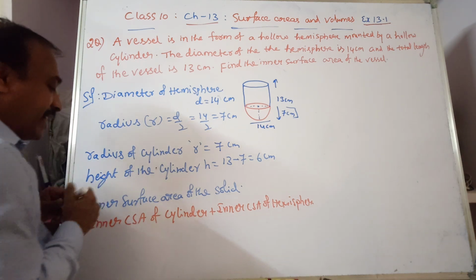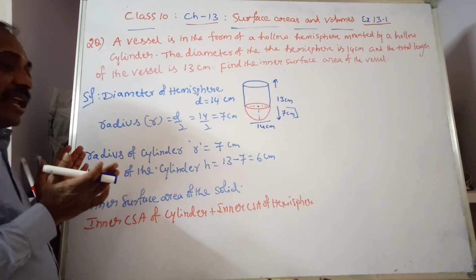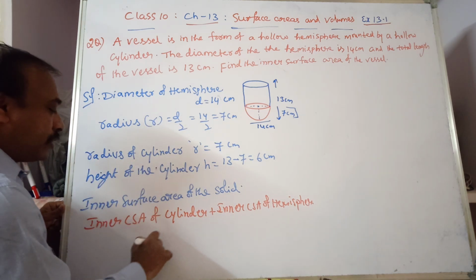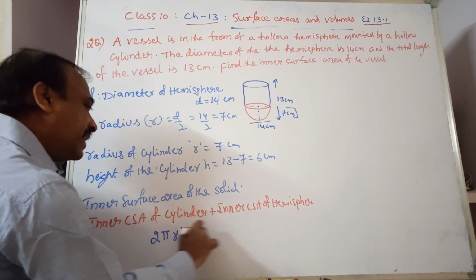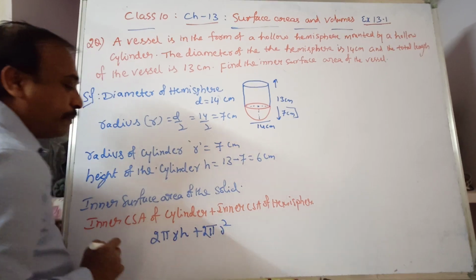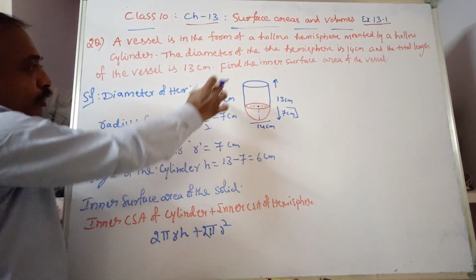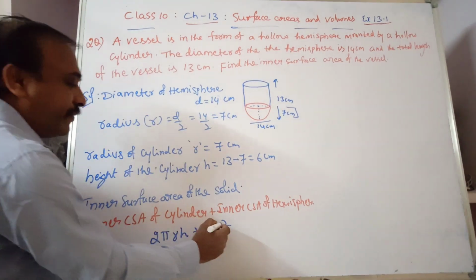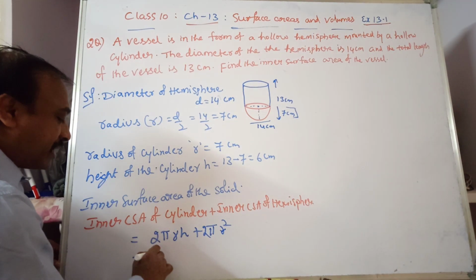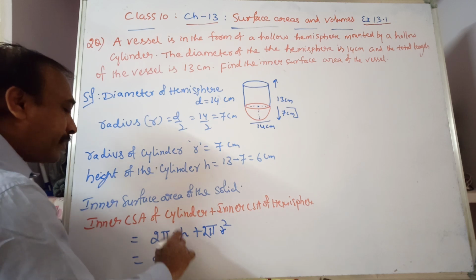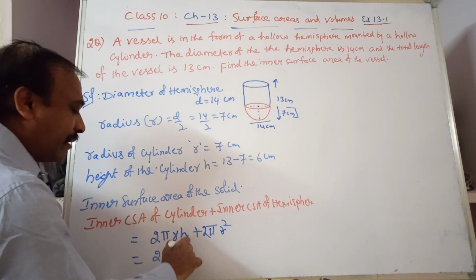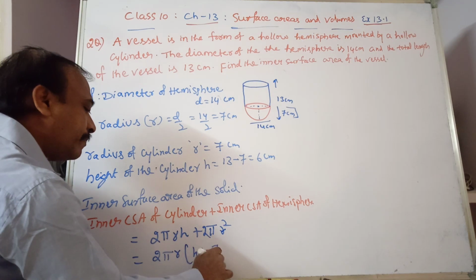Now the cylinder, we'll find out. Separately you can calculate or together also you can calculate. What is the formula? CSA of cylinder is 2 pi r h plus inner CSA of hemisphere 2 pi r square. The radius of both figures is the same, so you can take out common terms: 2 pi r into h plus r.